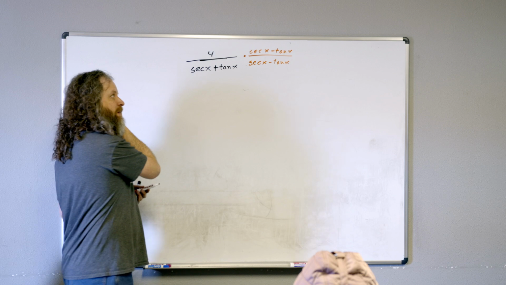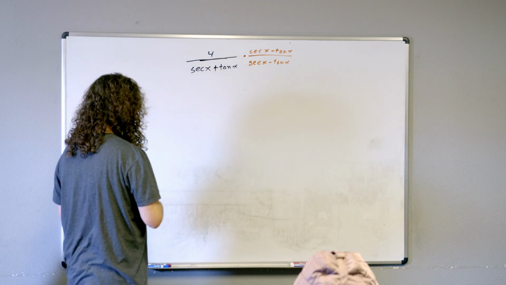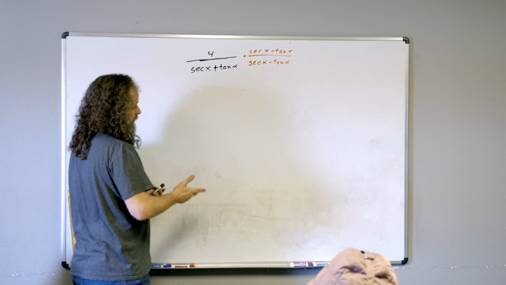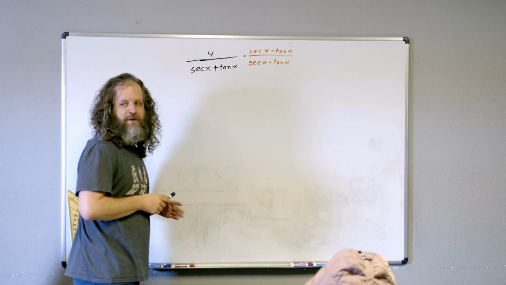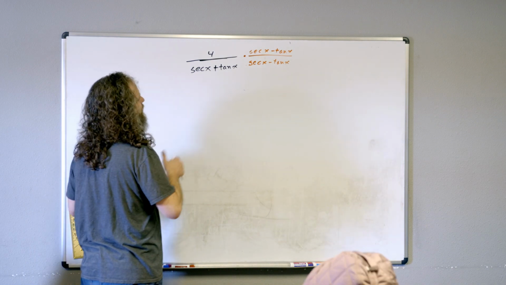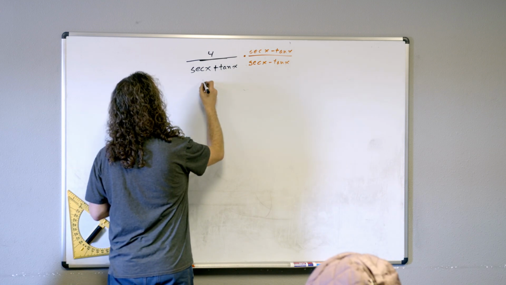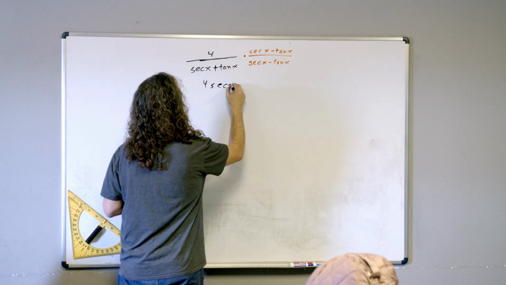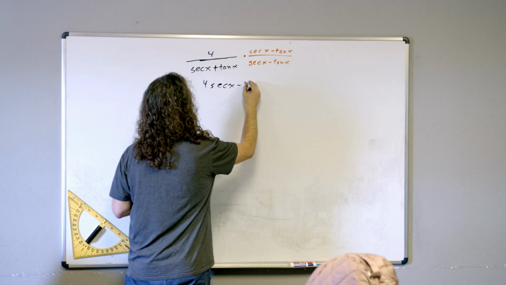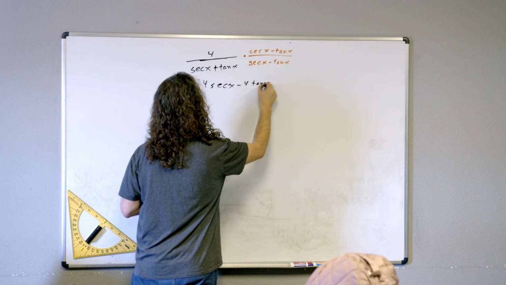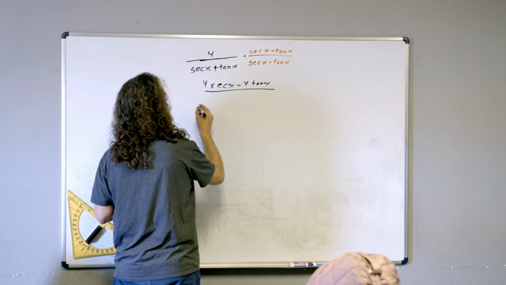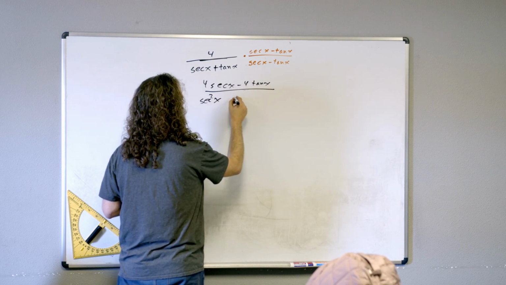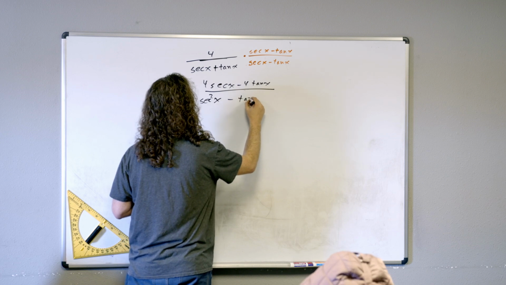So numerator's easy money. Just 4 goes in there. We don't care about the numerator very much. All we're really trying to do is make the denominator disappear, essentially. That's our goal. So in the numerator, we've got 4 times the secant of x minus 4 times the tangent of x over secant squared x minus tangent squared x.